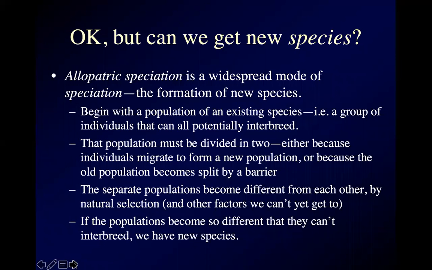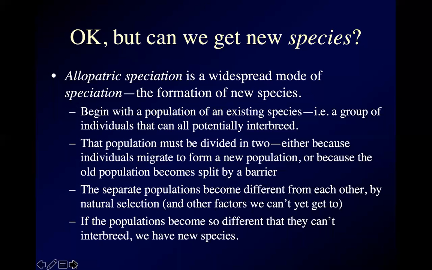It could be climate change, putting a desert area in between two mountains that used to not have it. It could be, this is more than we're going to have time for, but it could have something to do with what we call plate tectonics, the very slow movement of continents. It could be the building of a road. There's lots of things that could split that population.